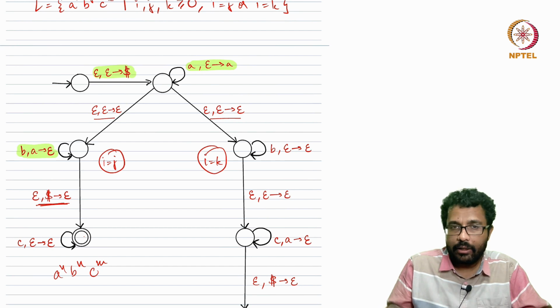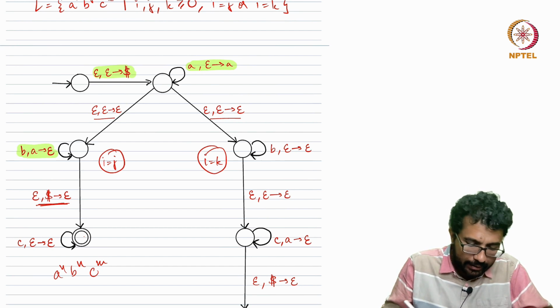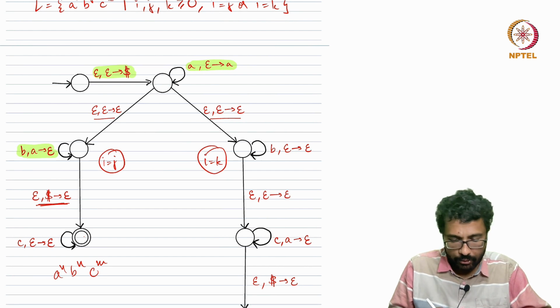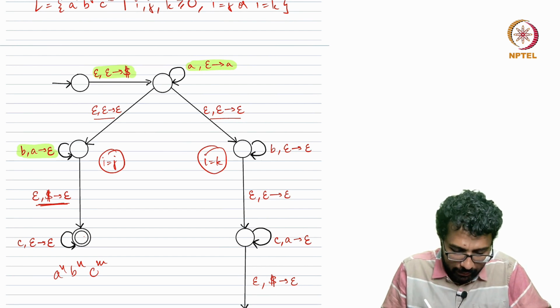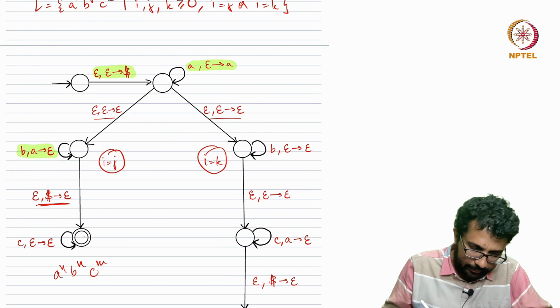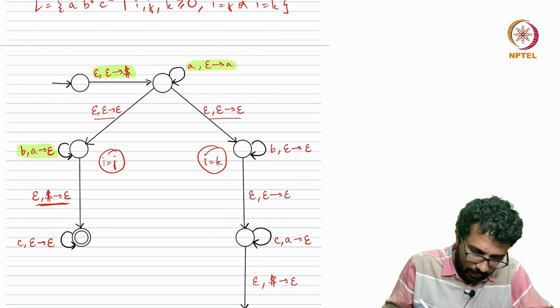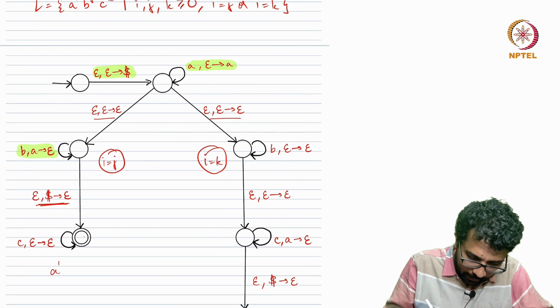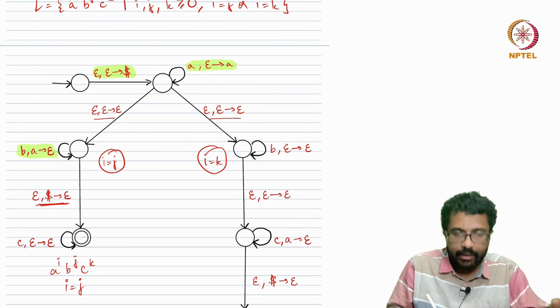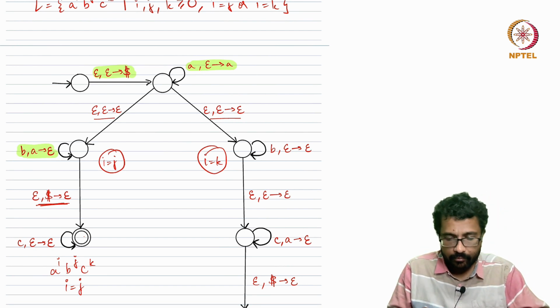But c's, there is no limit. So you can keep seeing c's and you will still be in the same state. So all the strings of the form a power n, b power n, c power m, or maybe I will say a power i, b power j, c power k, where i equals j will be accepted in this state.